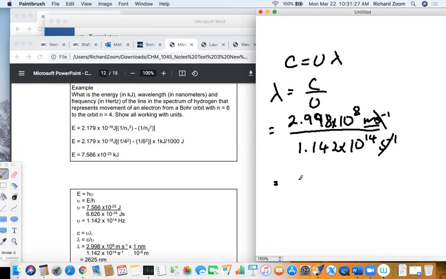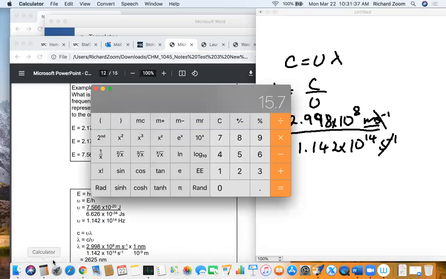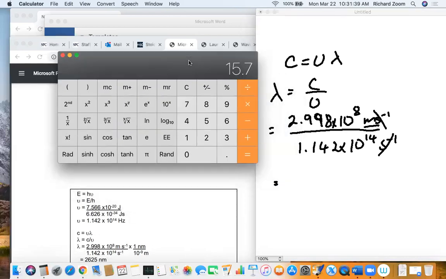Which is going to be, well, let's just do the math on that. I want to make sure I get this value correct.